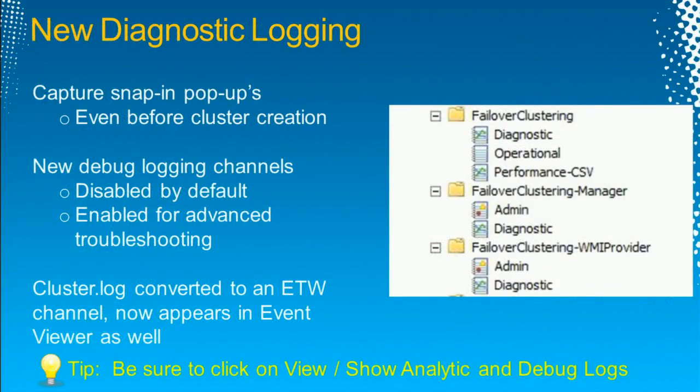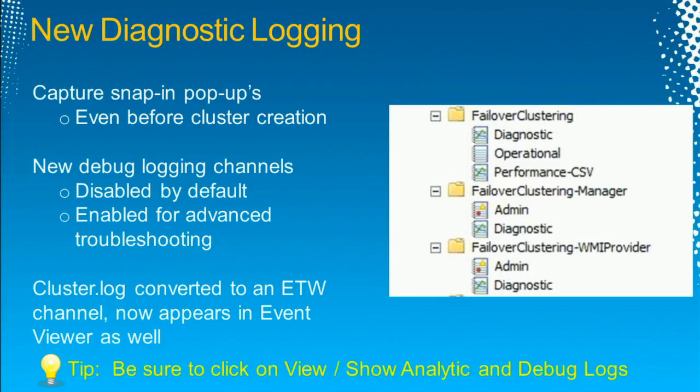We have new diagnostic logging now. This is where you start getting into some of the debugging and stuff. This one I'm not really going to cover in this particular session. But in Event Viewer, you have to click the View menu, Show Analytic and Debug Logs, and you can see it. The diagnostic logging is disabled by default. So you just right-click, Enable Log, and you've got it.